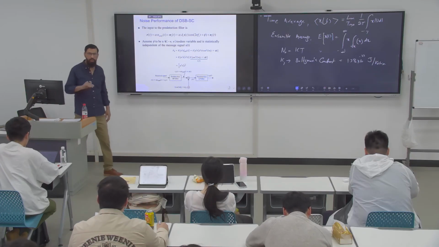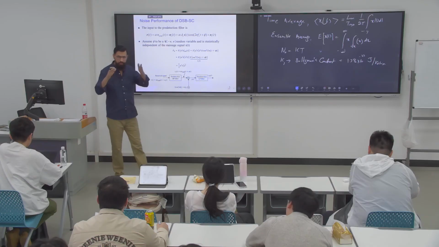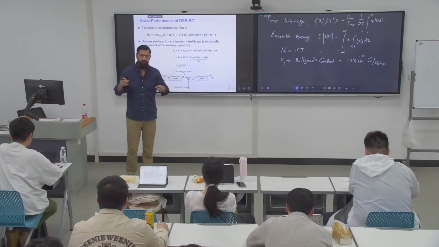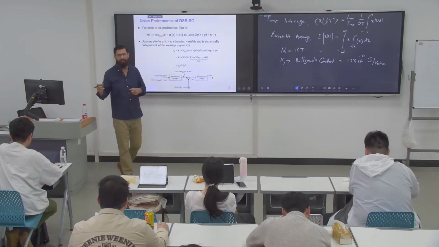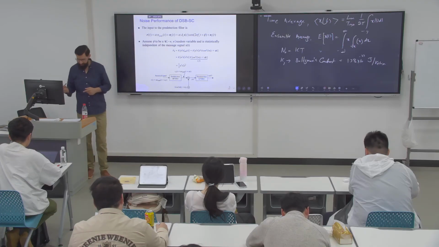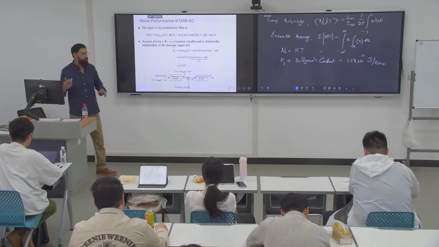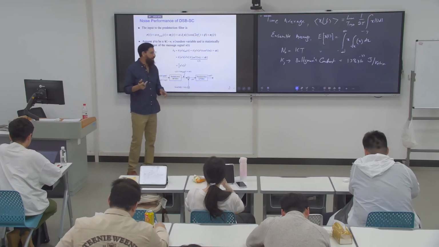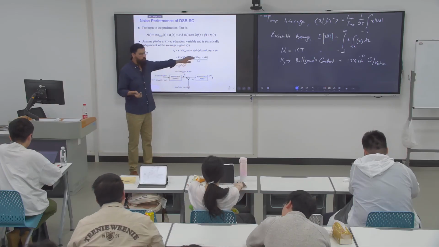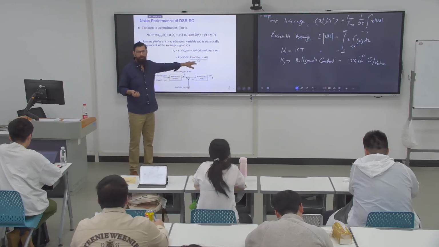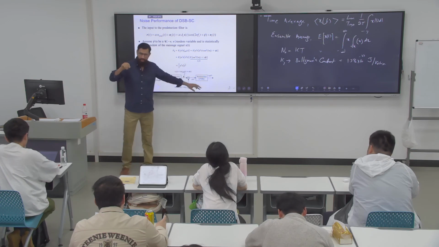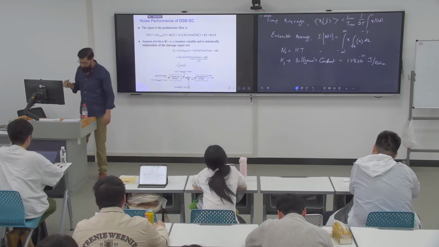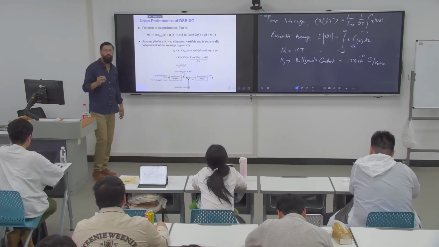cos 2 theta. When you take the expected value of the cosine term, that will be 0. So you are left with half. So half plus half cos 2 theta, right?